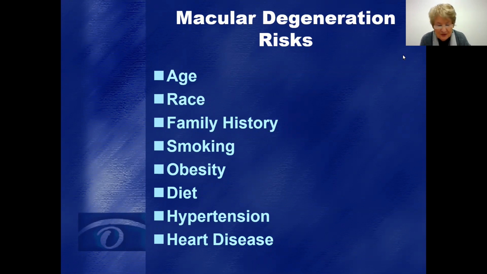You need to include in your diet fish, fruits, vegetables, nuts, especially walnuts, fish, especially salmon. So these are all good hints how to make your diet better and decrease your risk of macular degeneration. Again, hypertension, heart disease, again, it's all because of the decreased flow of the oxygen to the eye.